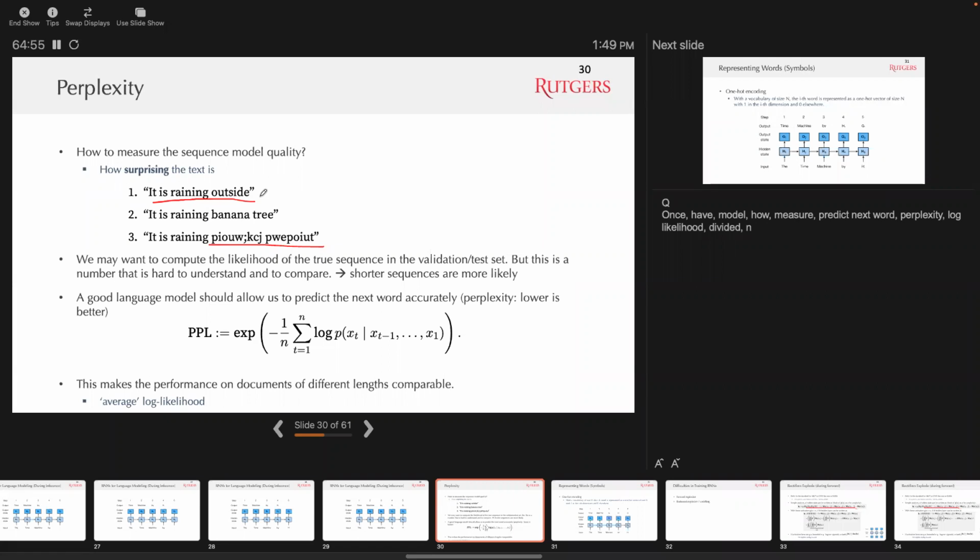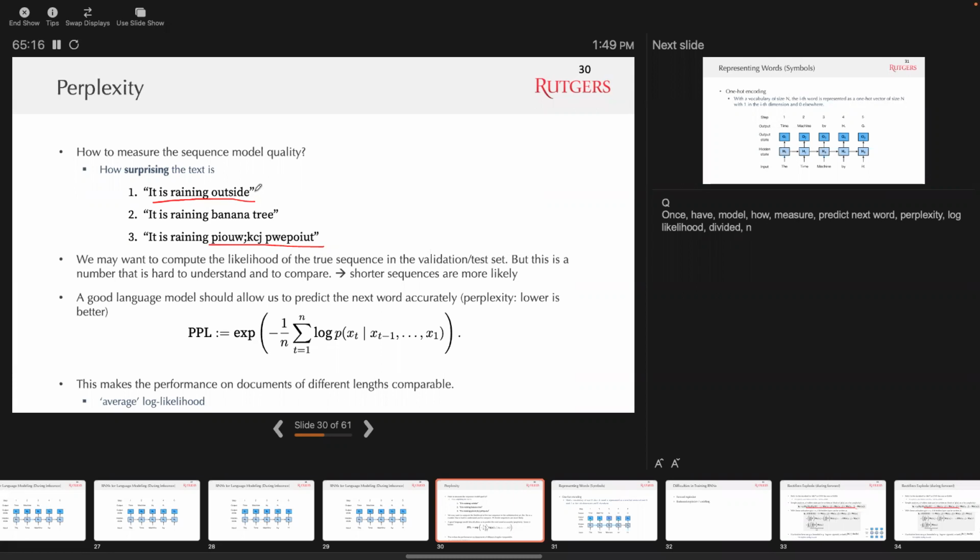And how do you measure this degree of surprisingness? You measure it by computing the likelihood of each sentence according to your model.